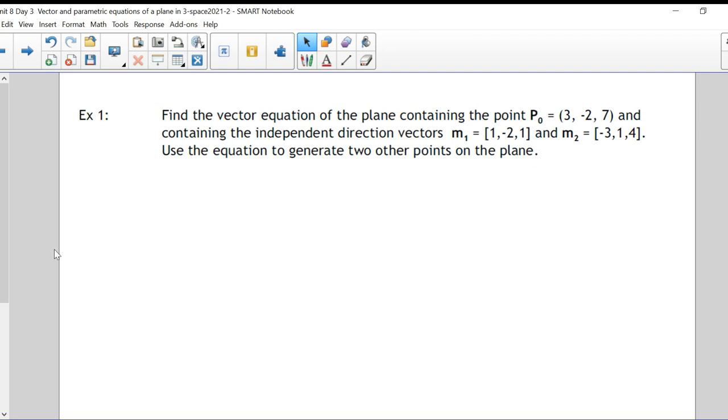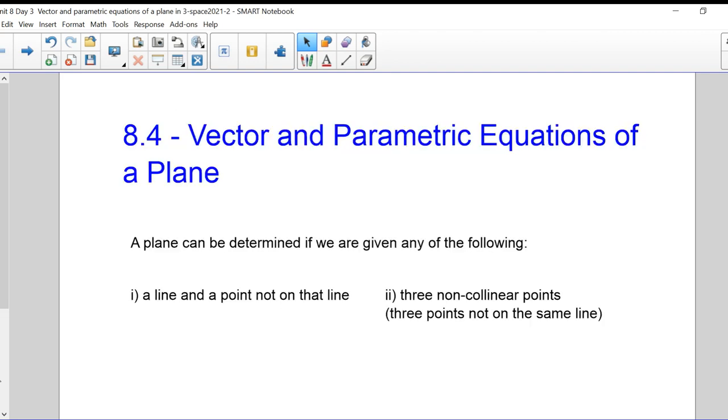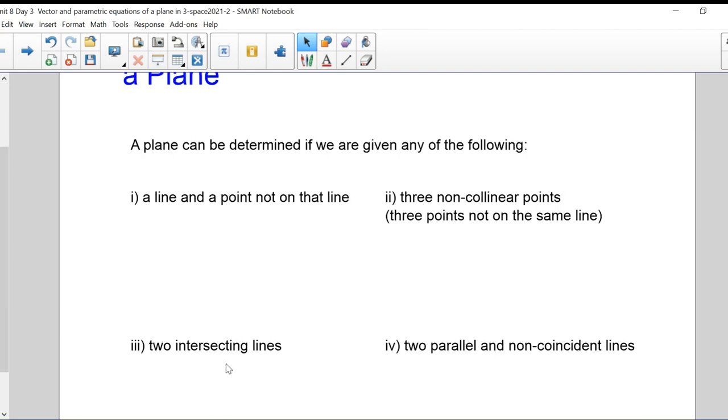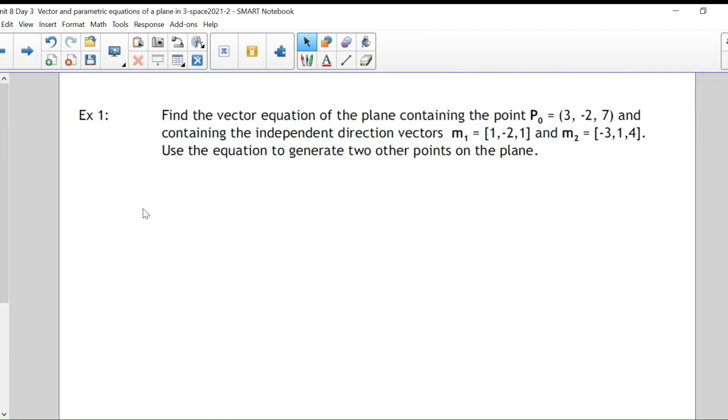Let me take you back to the different ways in which you could define a plane. We have a line and a point that's not on the line. We can have 2 intersecting lines. What we're giving you here is a point and 2 direction vectors to come up with the equation of the plane.